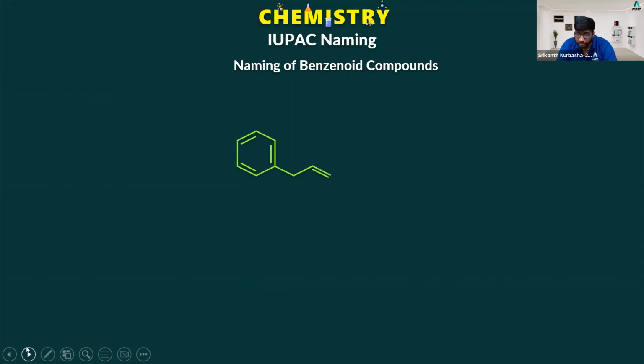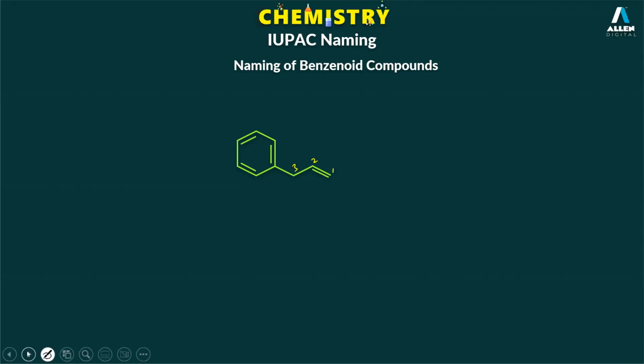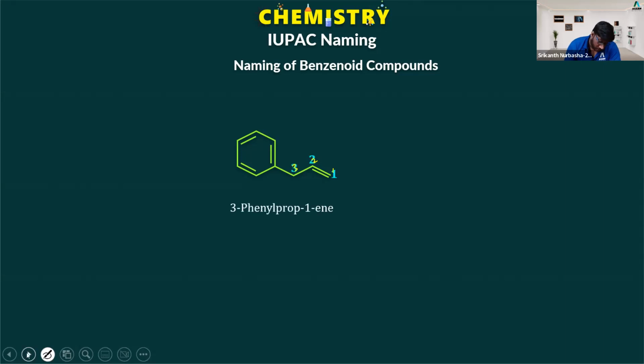Name this compound. In such a case, obviously the side chain itself has the double bond, which should be taken as major priority. So 1, 2, 3. We have the phenyl group on the third position. So what can I say now? 3-phenyl propane-1-ene. Yes or no? Or propene 1, or 1 propene. 3-phenyl 1-ene or 3-phenyl 1 propene, both are the same.